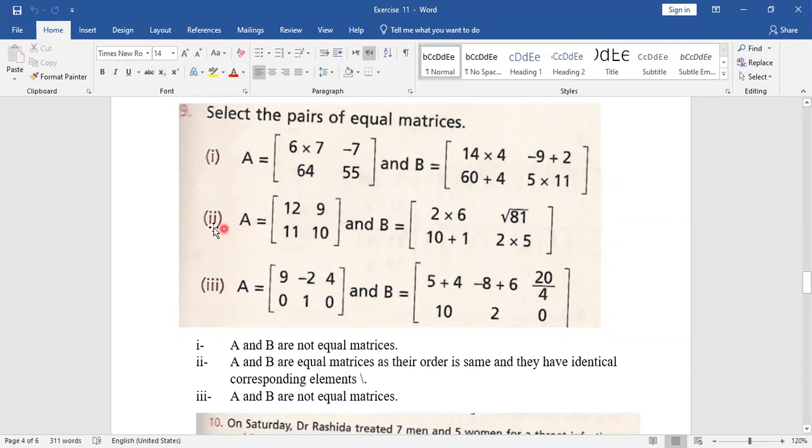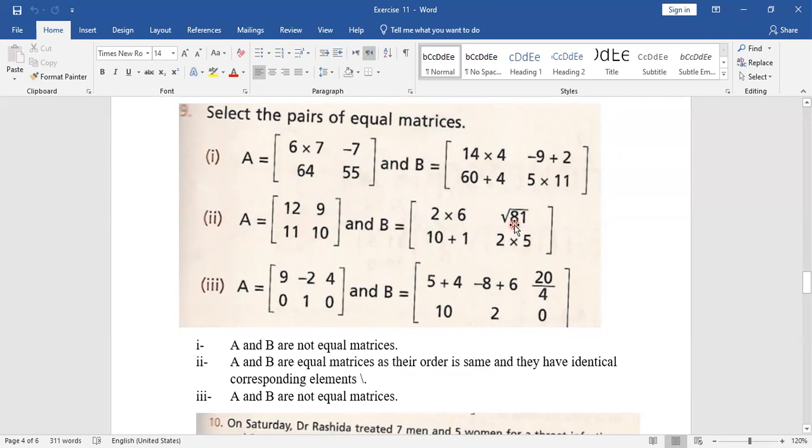Come to part second, 12, 9, 11 and 10. 2 into 6 is 12, 9, 81, under root of 81 is 9, 10 plus 1 is 11, 2 multiplied by 5 is 10. Now order is same and elements or the members are the same. 12 is there in B, 12 is there in A. 9 is present in A and 9 is also present.